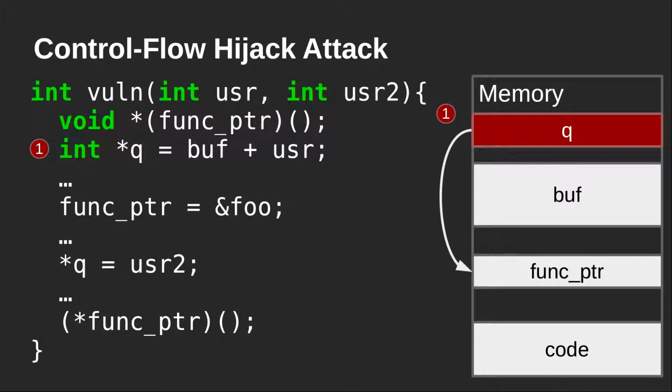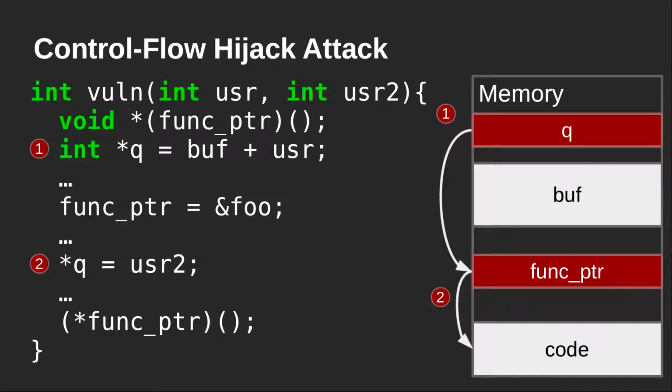But the attacker can use this addition to redirect the pointer Q to point to the function pointer, to the memory location of the function pointer instead of into the buffer. And as we continue, when Q is being dereferenced, the attacker can override this function pointer and then make it point into the code below.